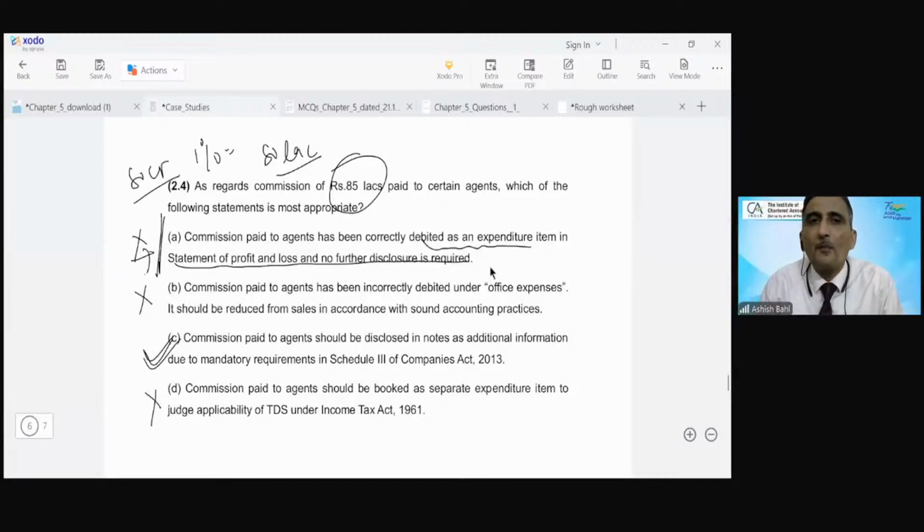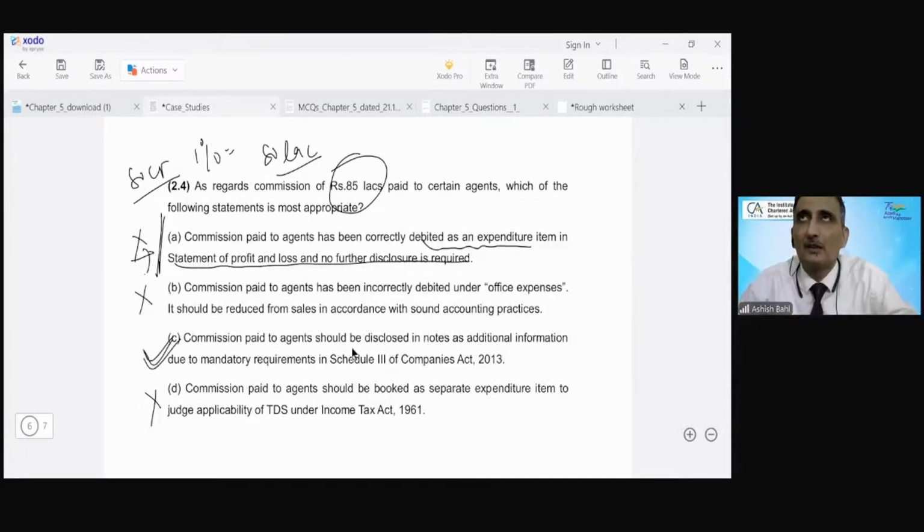So the answer is option C. No, it is not D, Kiran Kumar ji. Commission paid to agents should be booked as separate items to judge applicability of TDS?